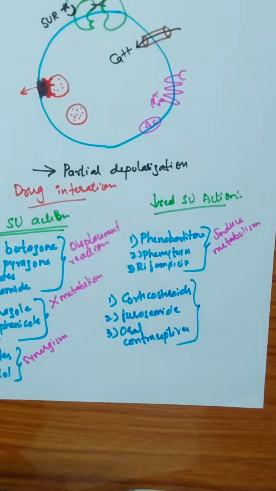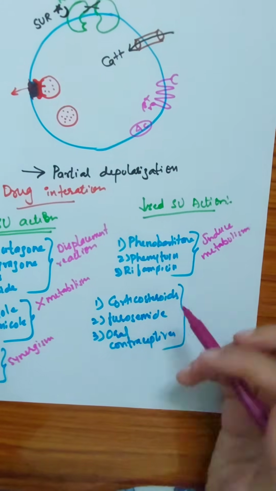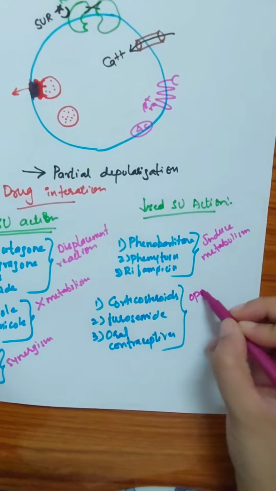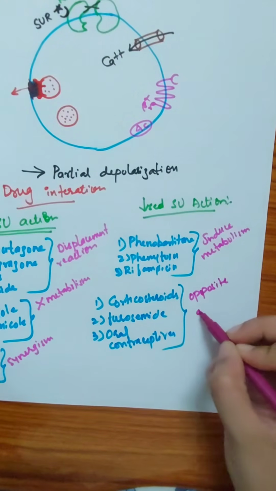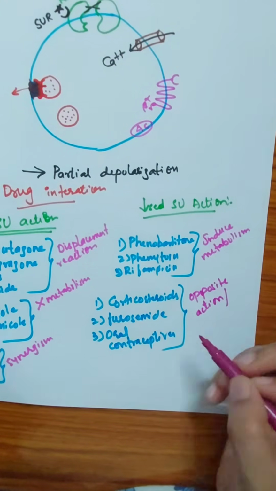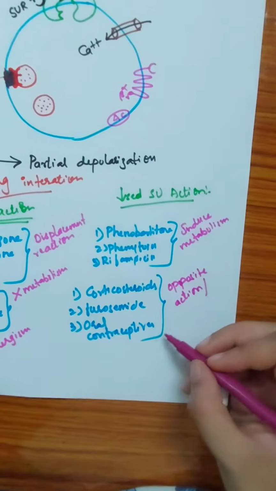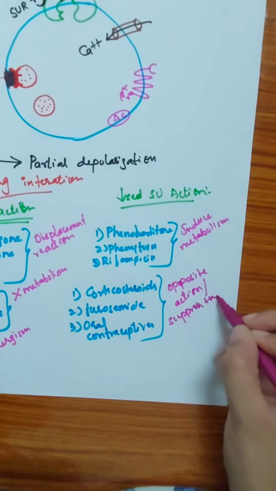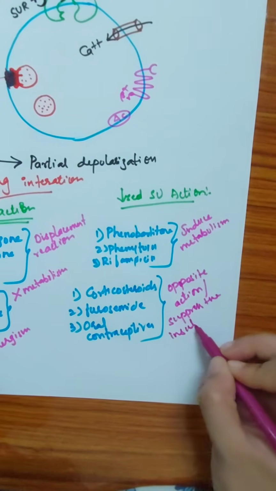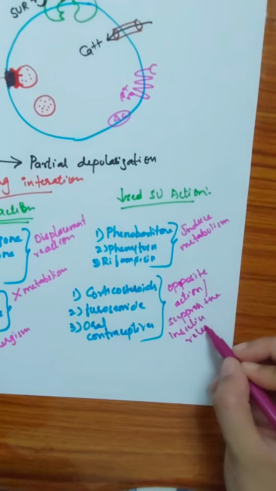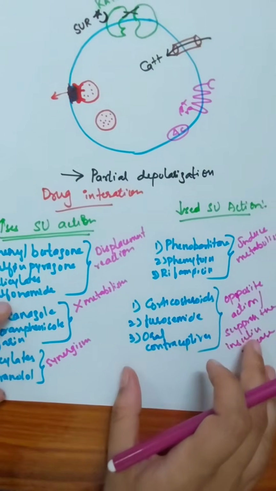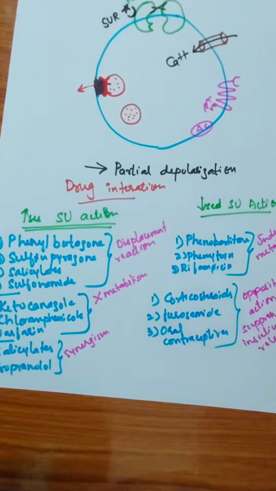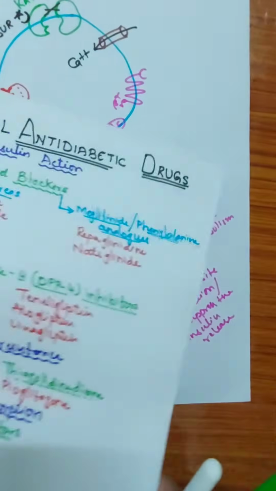Some opposite action is produced, or you can say it suppresses the insulin release. Okay, so these are the drug interactions faced by your sulfonylureas. Okay, so this is about the sulfonylureas.